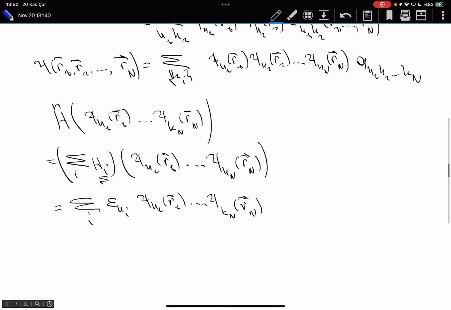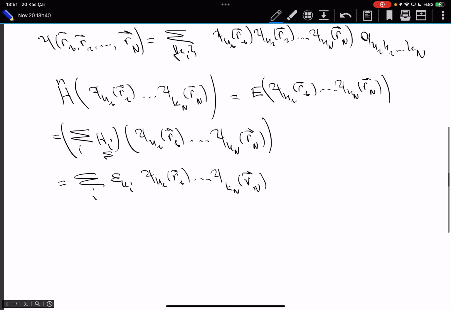So at least if my system is not interacting, this term is an eigenstate of my Hamiltonian with an eigenvalue given by the sum of the energies of each one of those particles.